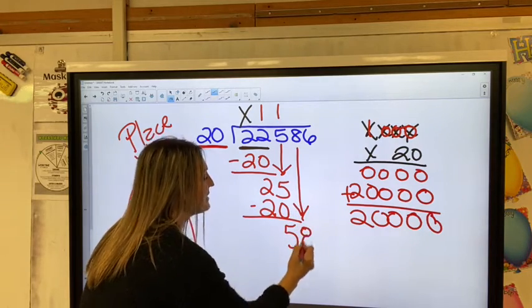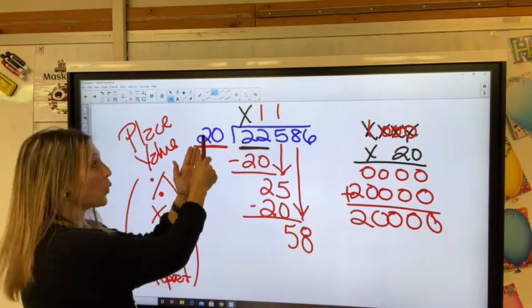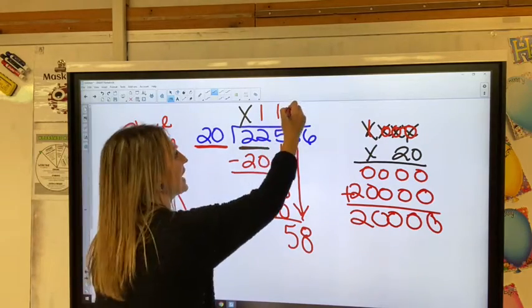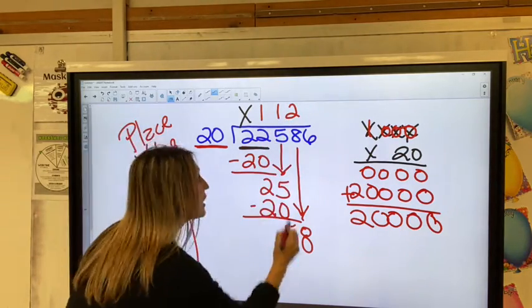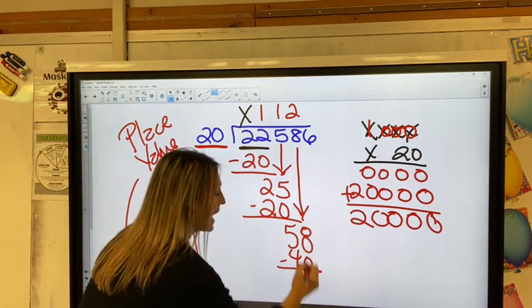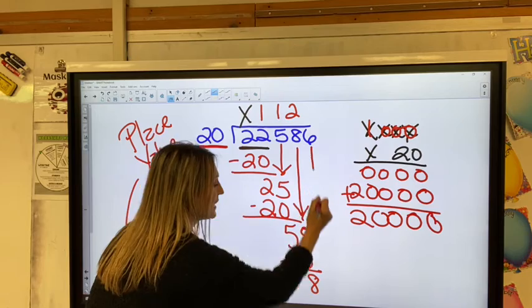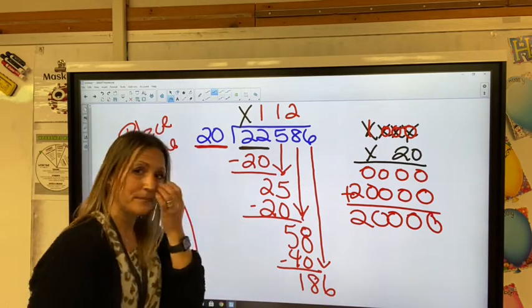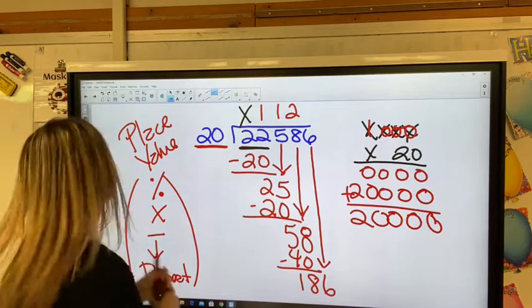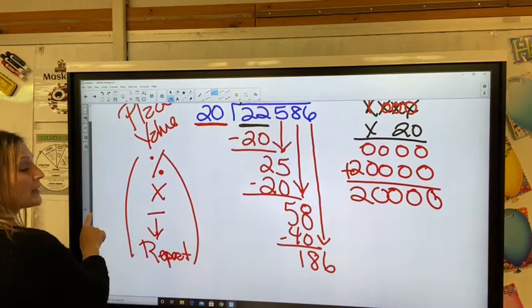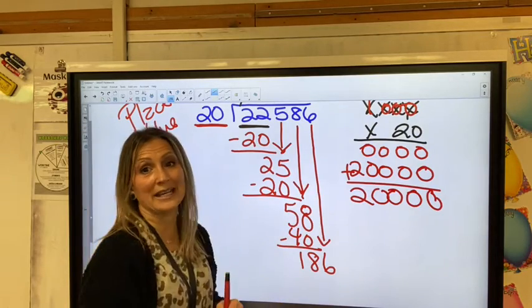Bring down the 8. I ask myself, 20 into 58. 20 will go into 58 twice, which is 2 times 20, which is 40. I have 8 left. Oops, I have 18 left, sorry. And I bring down my 6. And then I ask myself, will 20, and I wish I could make this board smaller, will 20 go into 186?